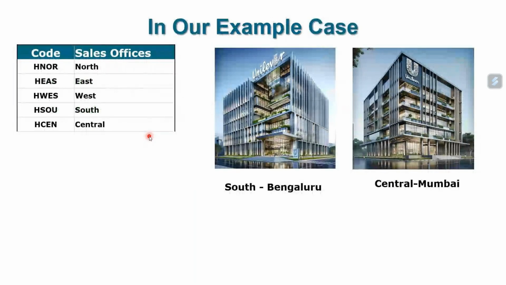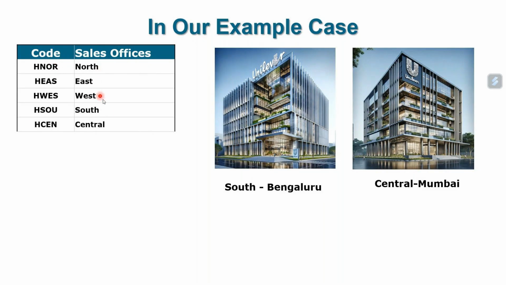In our example, what I've done is I've given you two sample office images. So a South Bangalore and a Central Mumbai. This is how they would have a central as in the central India, Mumbai, South India, Bangalore. Okay, these are your sales offices. And this is how I have given them a code. Again, in SAP, they are allowed as a four character alphanumeric code.